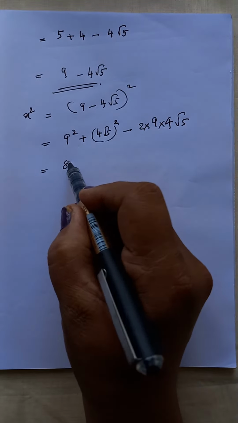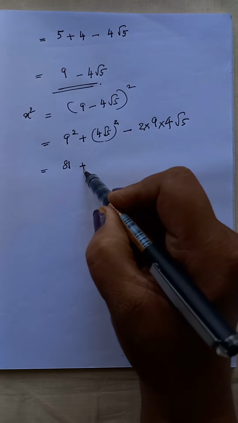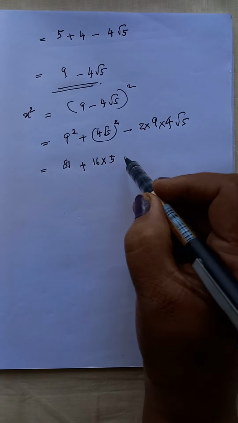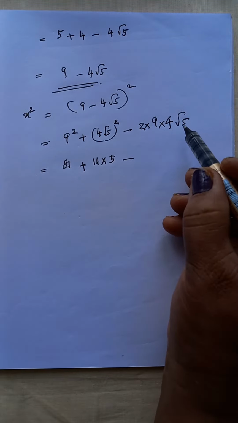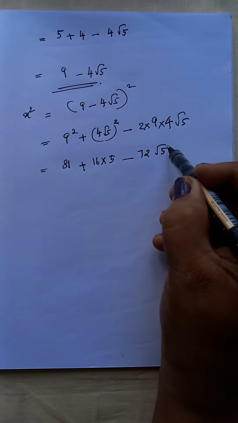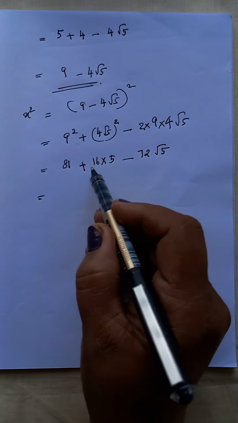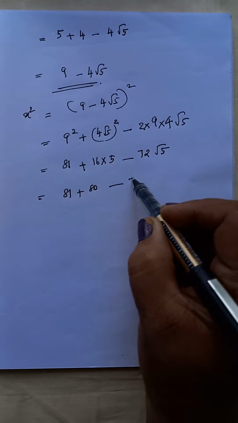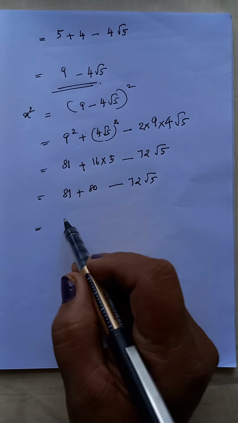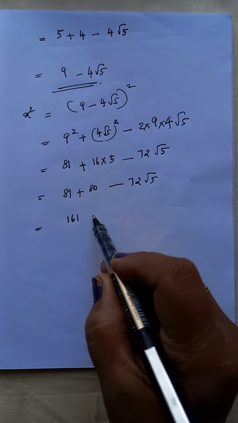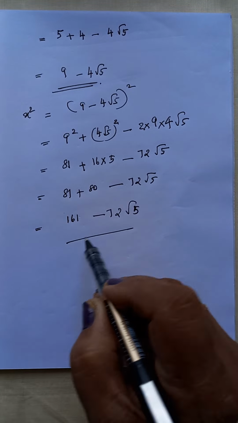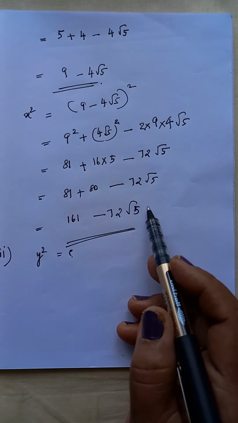This is equal to 9 square is 81 plus 4 square, that is 16, into root 5 square is 5, minus 2 into 9 into 4, that is 72 root 5. That is equal to 81 plus 80 minus 72 root 5, which is 161 minus 72 root 5. So this is x square. That is the answer to the first sub-question.